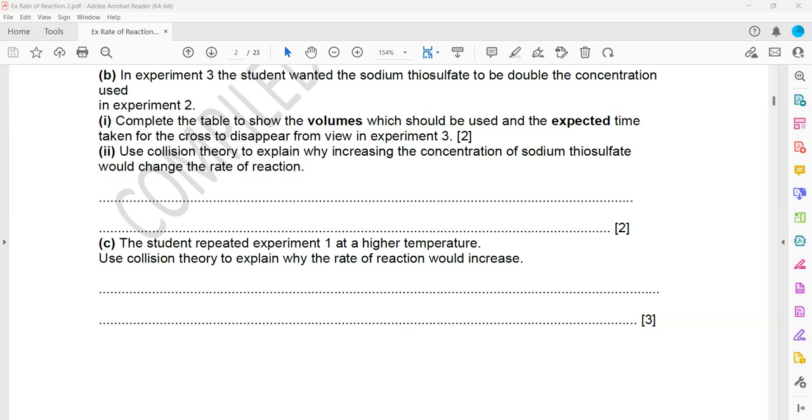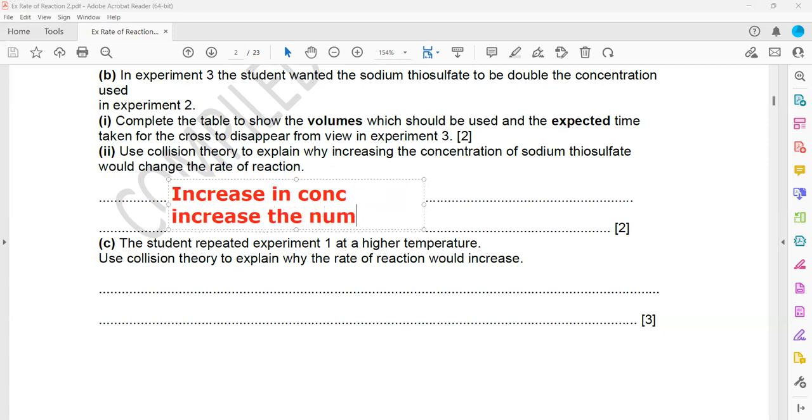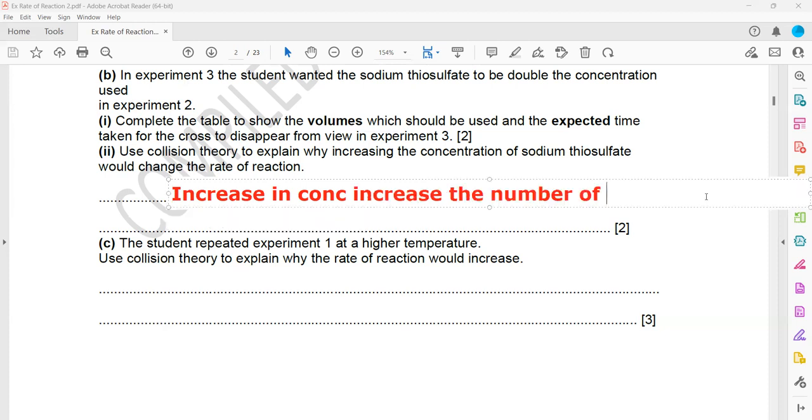So there are more particles in a unit space. You have to use the term unit volume, because if you increase the concentration, that is 1 mark for mentioning: increase in concentration, increase the number of the particles in unit volume.